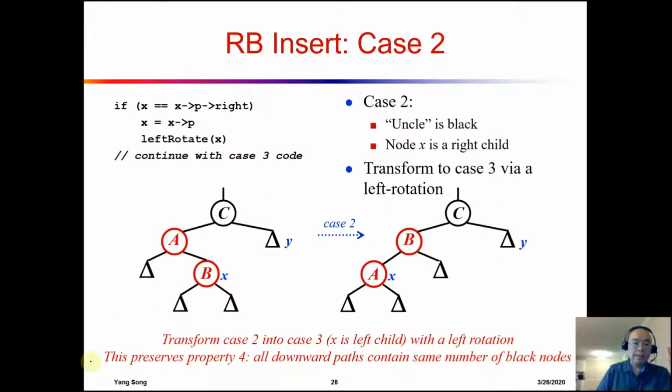Before we insert X, we should have a C, with a triangle here, and we have a red A. Underneath the A, we have two triangles.